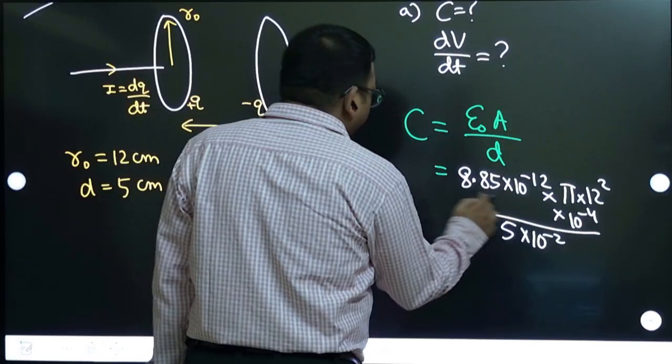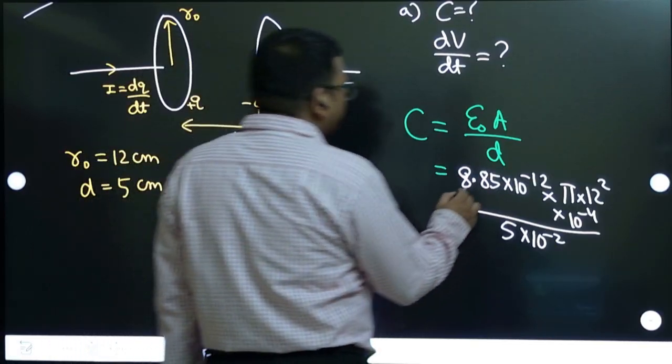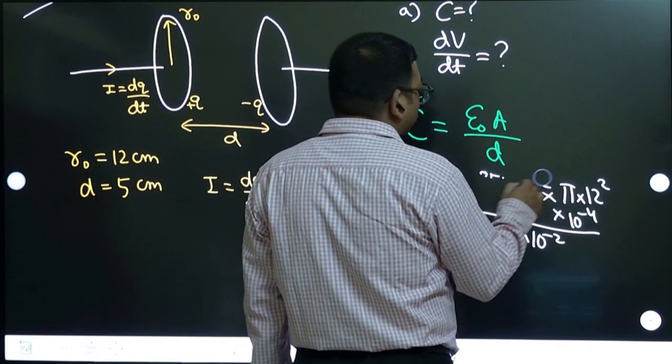Why don't we take the 4 pi epsilon naught factor? It may look like an easy calculation, isn't it?